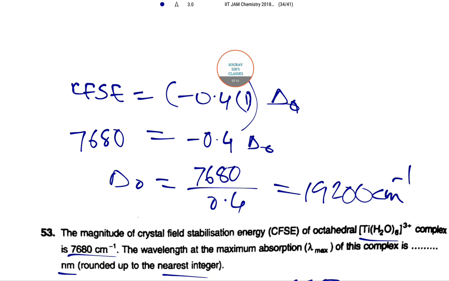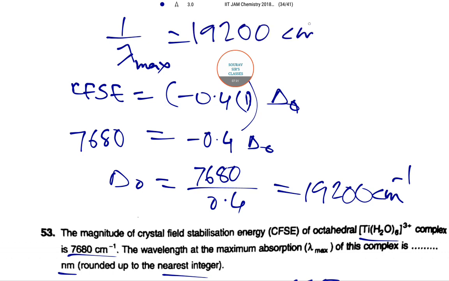Now we have to find the lambda max. So 1 by lambda max will be equal to 19200 centimeter inverse. Hence lambda max will be equal to 1 by 19200 in centimeters.